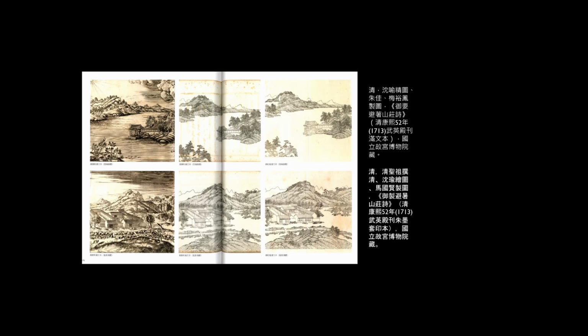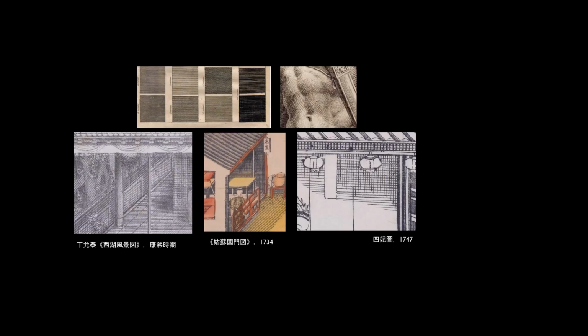In conclusion, techniques serve not only as a means to accomplish an artistic undertaking or style, but also as a cultural emblem within the framework of Sino-European exchanges. Hatching, a technique utilized in European copperplate engraving to create volume and shadow, gradually deviated from its original purpose within the world of Suzhou printmaking.